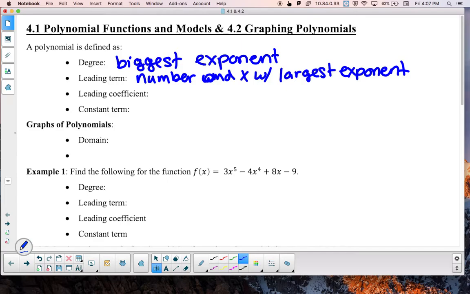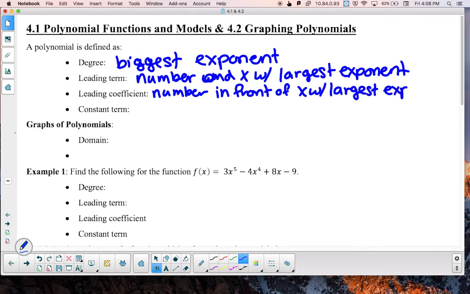Our leading coefficient is just that number with x, with our largest exponent. And then our constant term is the number with no x.